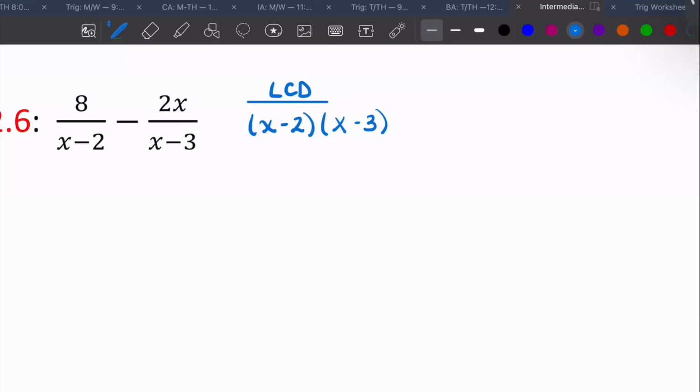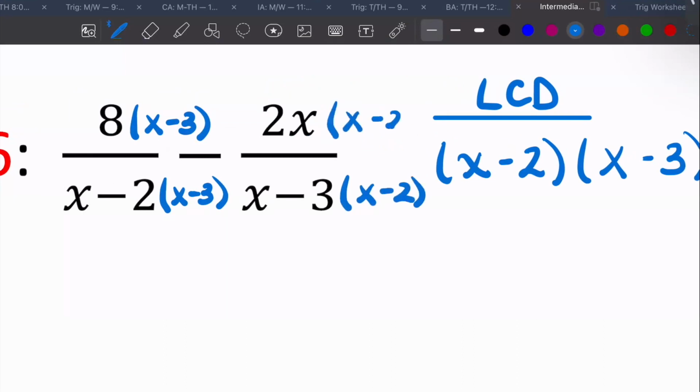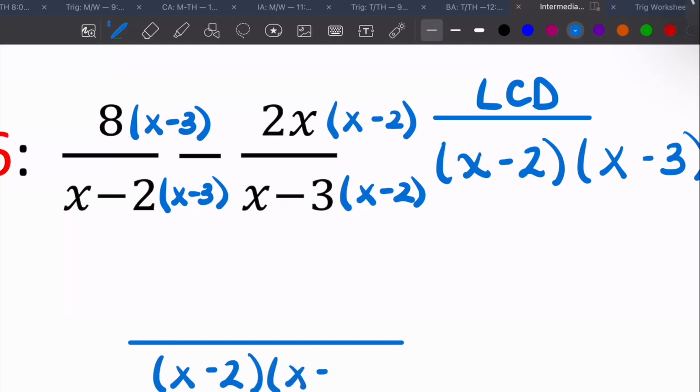Okay, so for this one, we're missing x minus 3 here, right? So we're going to do top and bottom. Over here, x minus 3 is missing x minus 2. So we do top and bottom. Now that they both say the same thing, we can put them all over one fraction, all under that least common denominator.